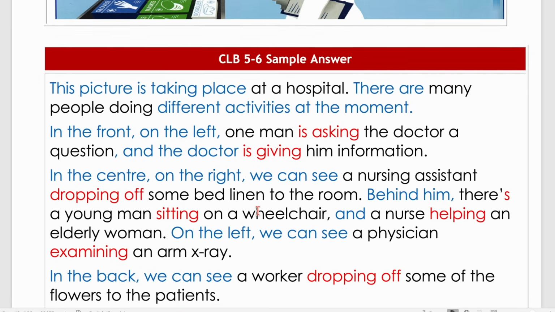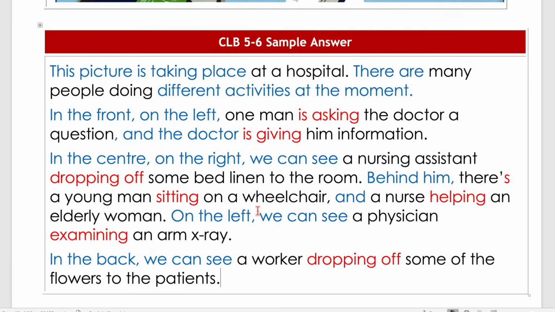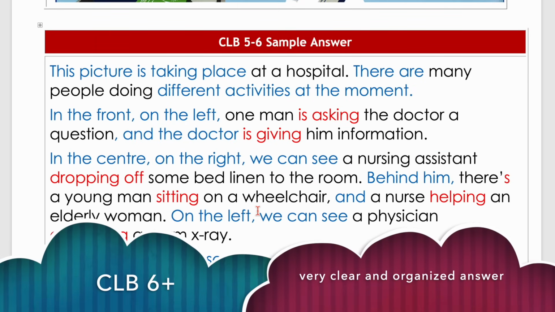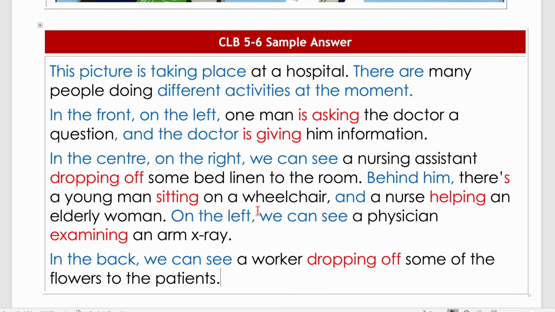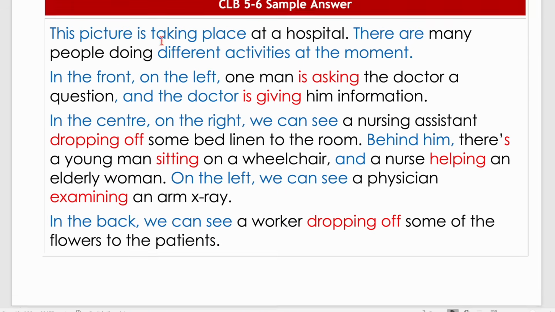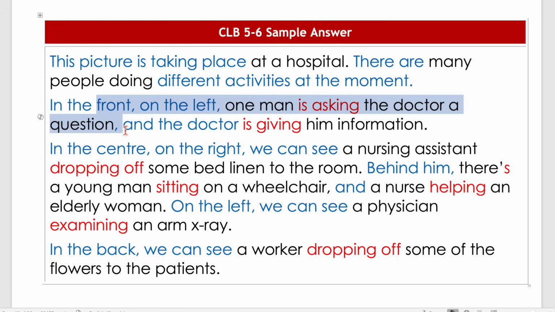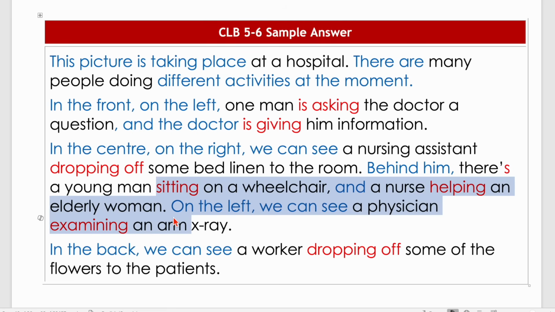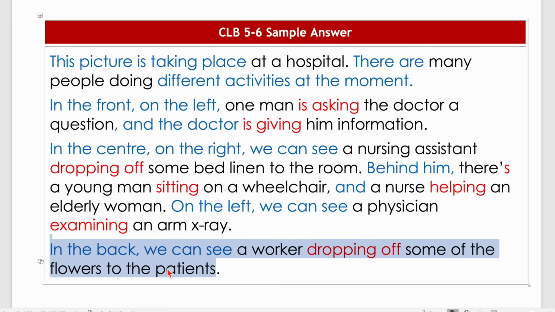So everyone, very well organized answer. Very well organized. That's what we meant to say. We answered clearly what the people are doing. We organized very well. Okay. We organized very well. And that's why this answer is 6 plus.